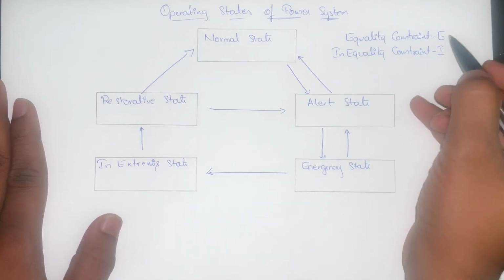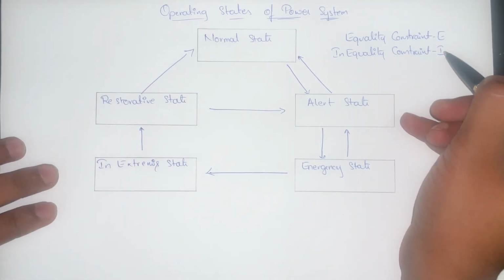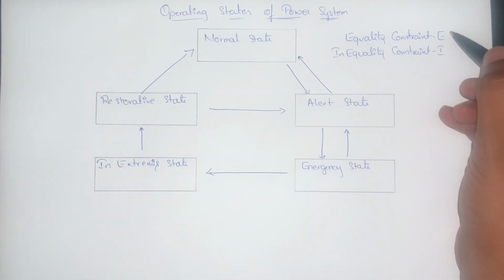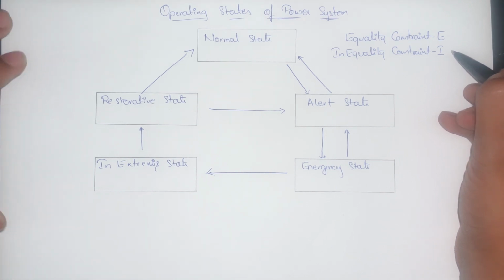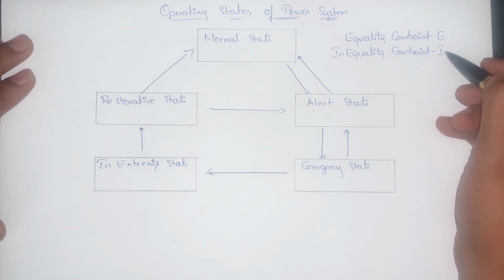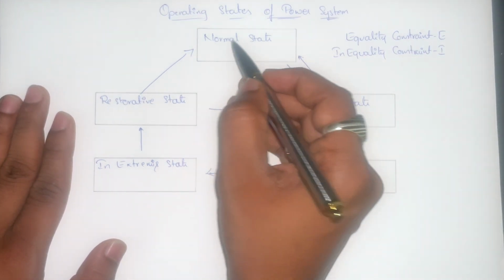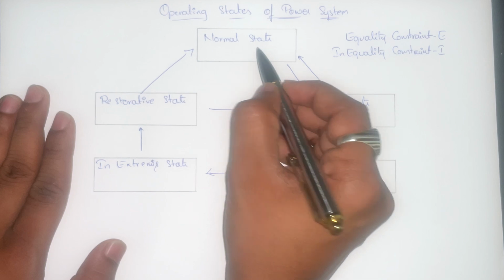In general, the equality constraints are the power balance equations, whereas the inequality constraints are the operating parameters such as voltage, generation limits, current limits, or transformer rating limits. In the normal state, both the equality and inequality constraints are satisfied.